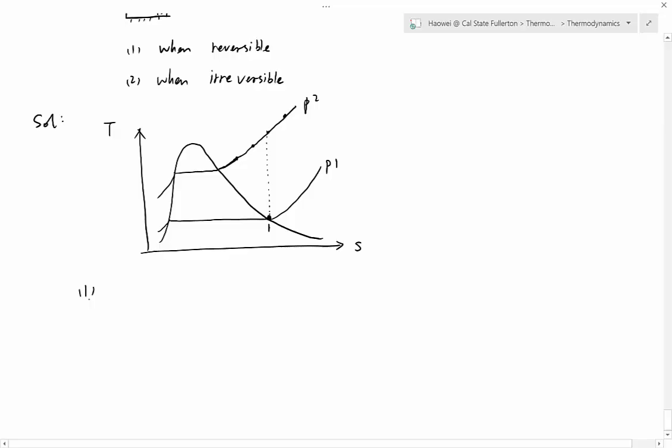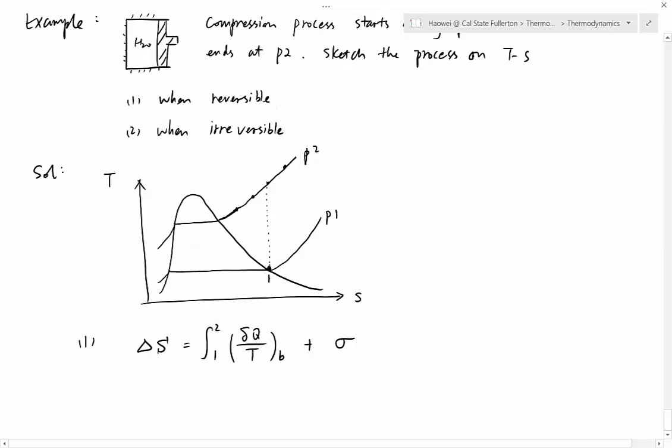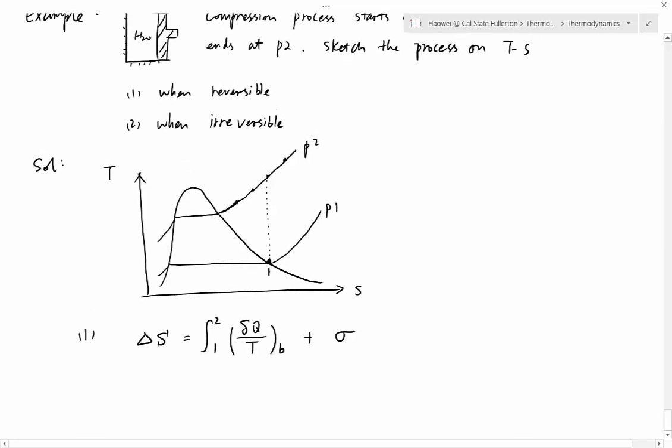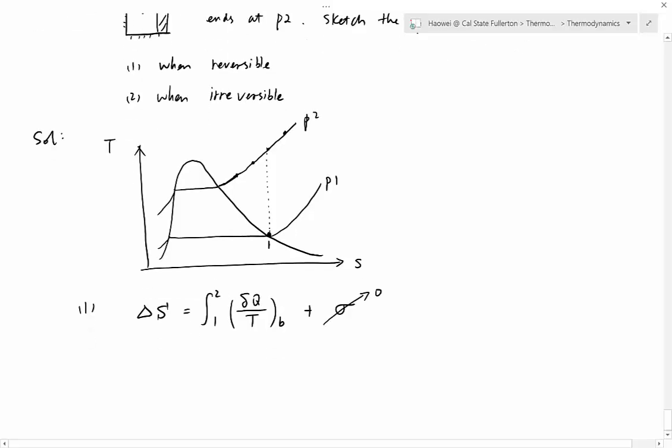What we will start with is the entropy balance equation. Delta S equal to integral 1 to 2 delta Q over T integration over the whole boundary plus sigma. Okay, so now case number 1 is reversible. What's going to happen? If the process is reversible, sigma must be 0.